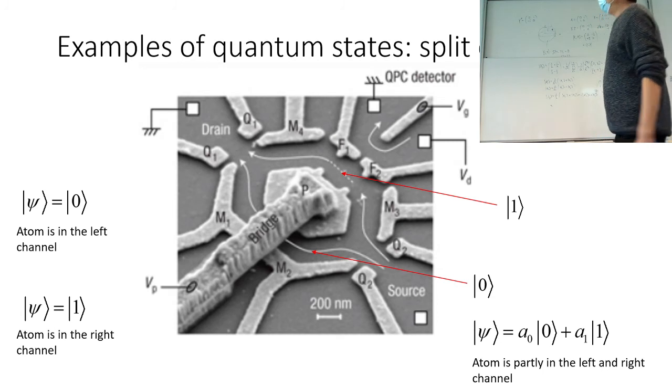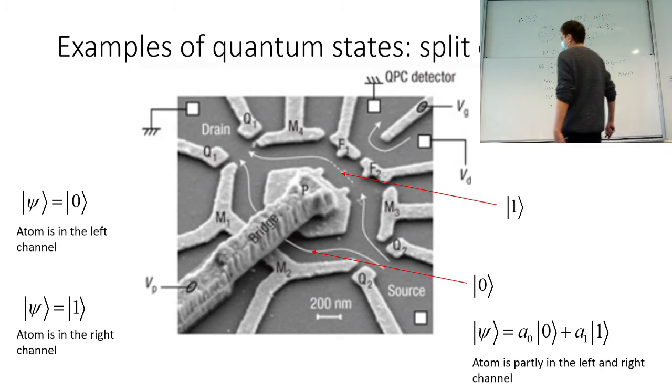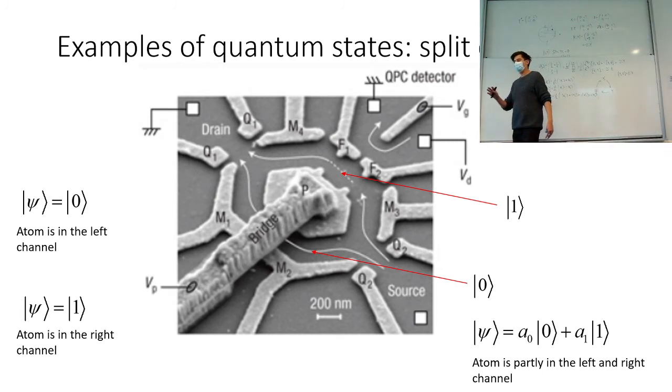Let me give you a couple more examples so you can get a feel for what these states are. At the beginning I talked about man-made structures where electrons go maybe left or right of a channel. So another example of a state: if the electron goes left, let's call that 0, and if it goes right, let's call that 1.